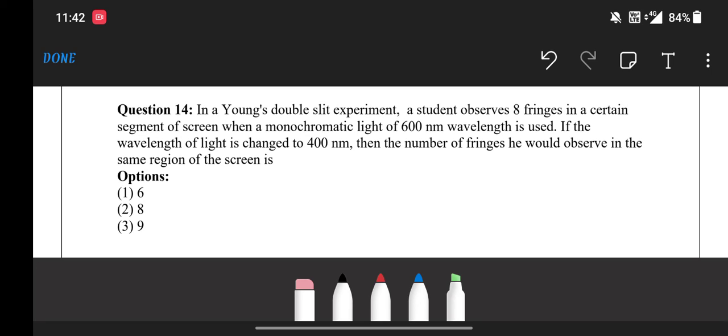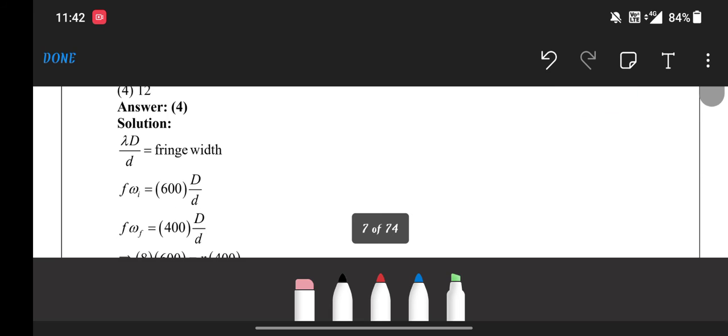If the wavelength of light is changed to 400 nanometer, how many rings would he observe in the same region of the screen?